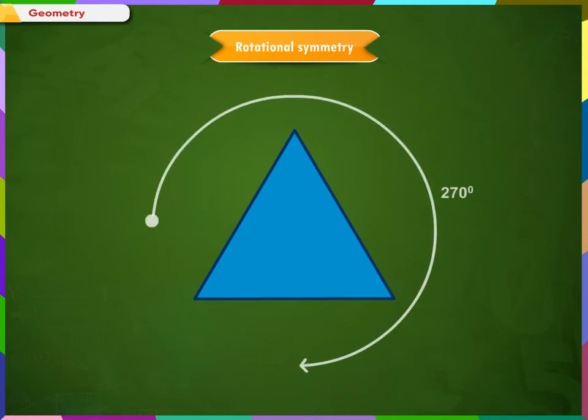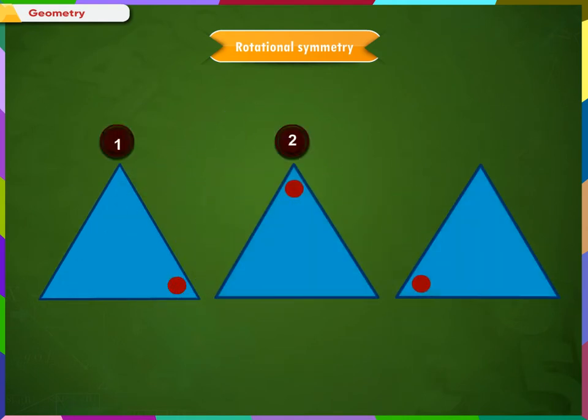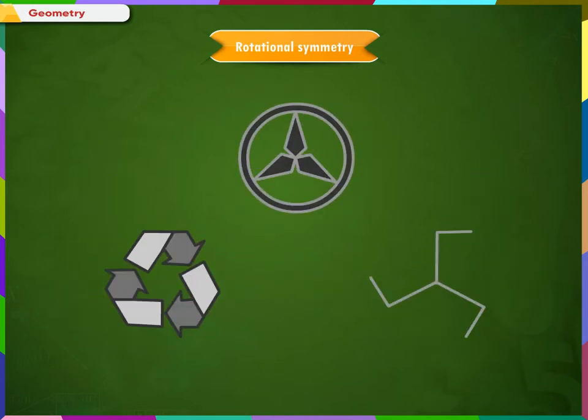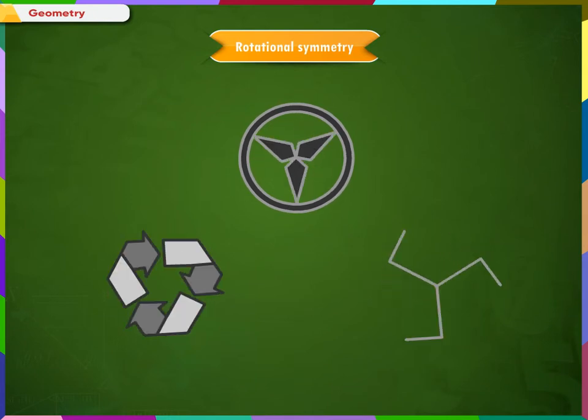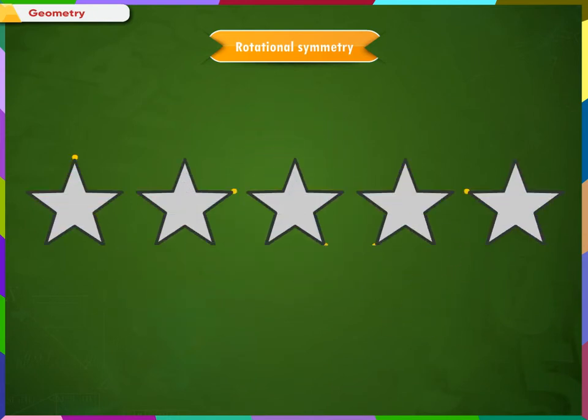When rotated 270 degrees, the triangle reaches its original position. Therefore, the order of symmetry of the triangle is 3. These are some of the figures which have rotational symmetry of order 3. These are some of the figures which have rotational symmetry of order 5.